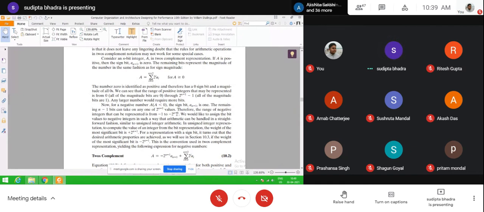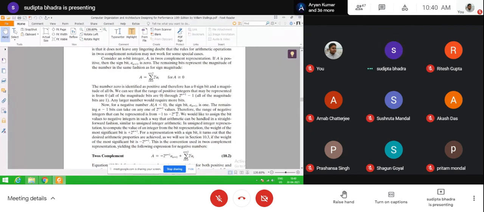So the negative integers are minus 1, minus 2, up to minus 2 to the power n minus 1, where n is the number of bits.